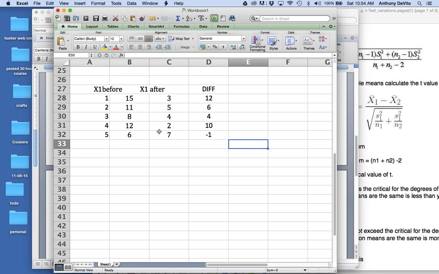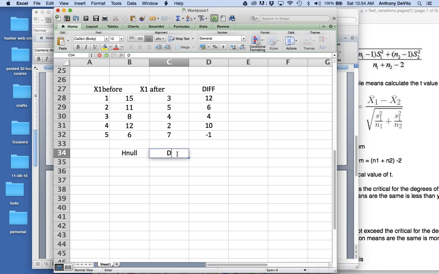So what would our null hypothesis here be? Our null hypothesis is that there's no difference between the performance of these test subjects before and after this intervention.